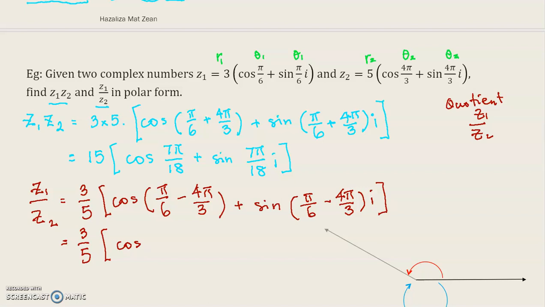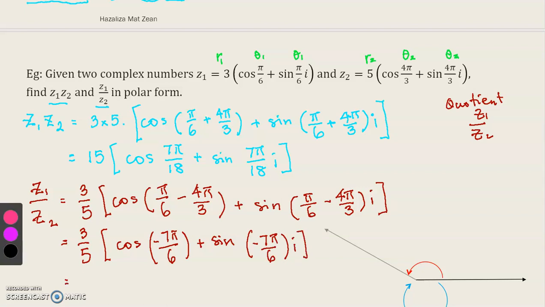You should have negative 7 pi over 6, and similarly for this one you're going to have sine of negative 7 pi over 6 i. A caveat: you have to check that theta is written as between 0 and 2 pi only.